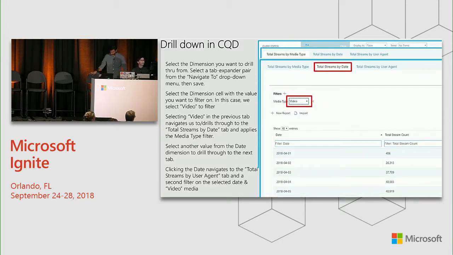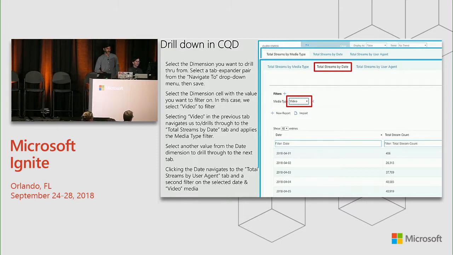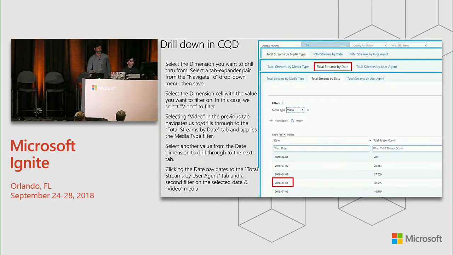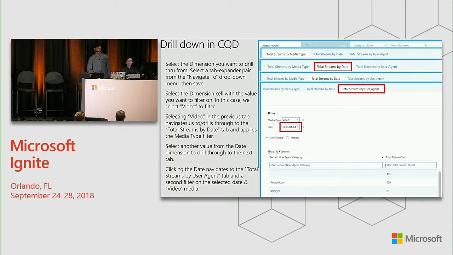So you create a drill down by video, and then you can select again by the date. Then you can save it. So when you have that particular detailed report, you can do the drill down. Wait until I show you the demo. I will go through it.